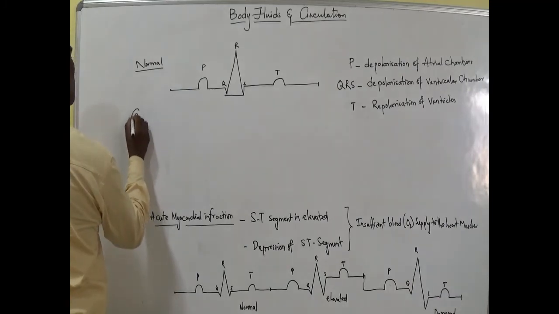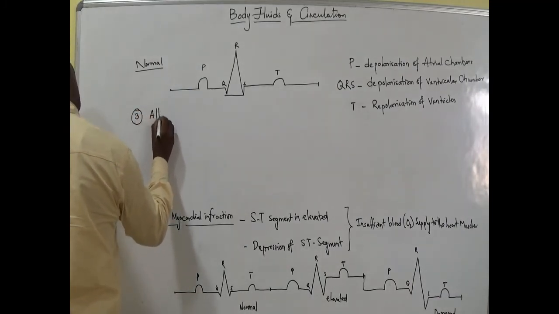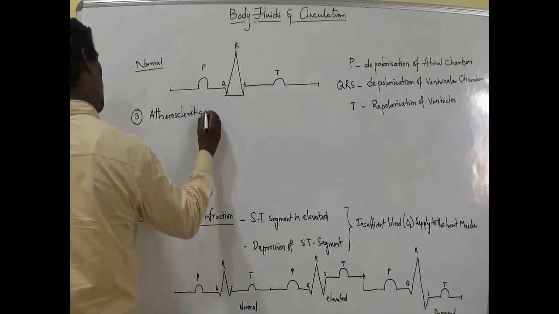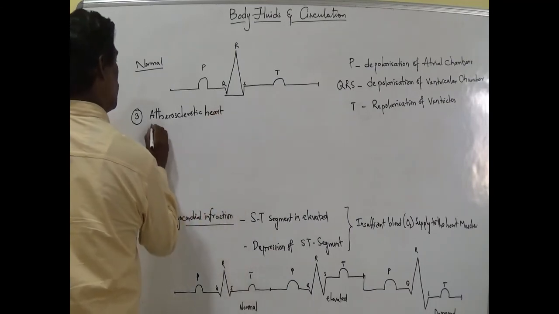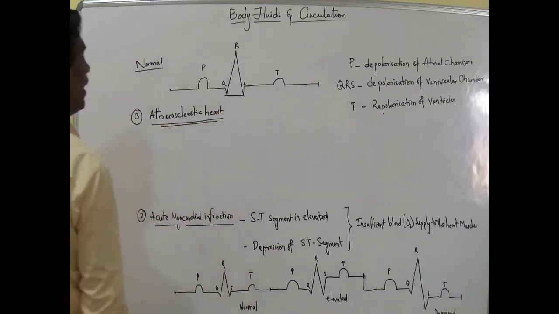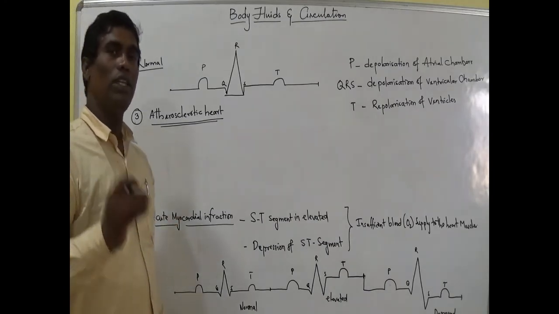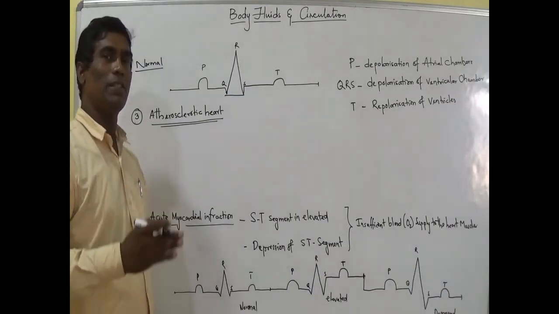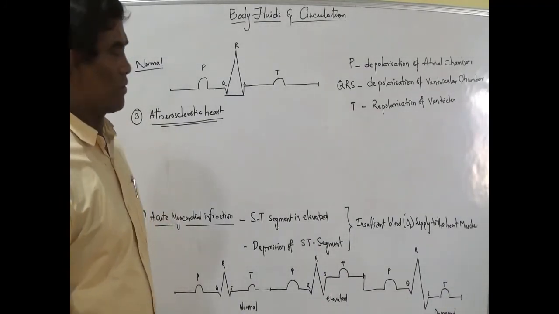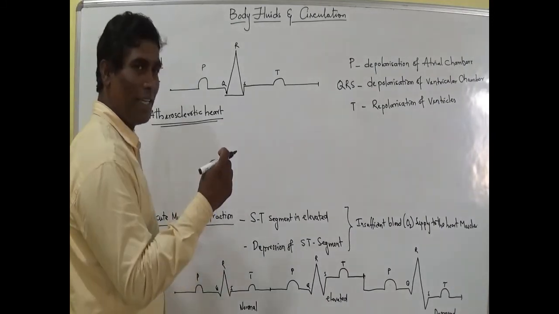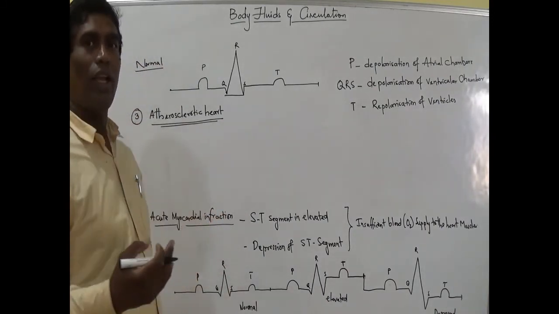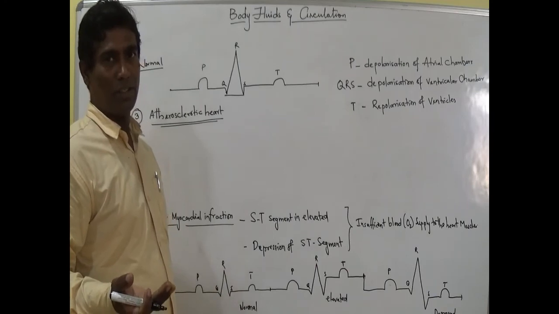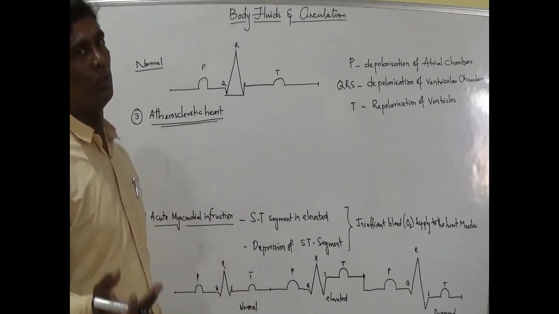The third case is the atherosclerotic heart. As we mentioned, atherosclerosis is thickening of the blood vessels due to deposition of lipids, fats or different types of salts. This makes the blood vessel narrow, and as it is narrow, blood flows with a lot of blood pressure, creating an effect on the heart.